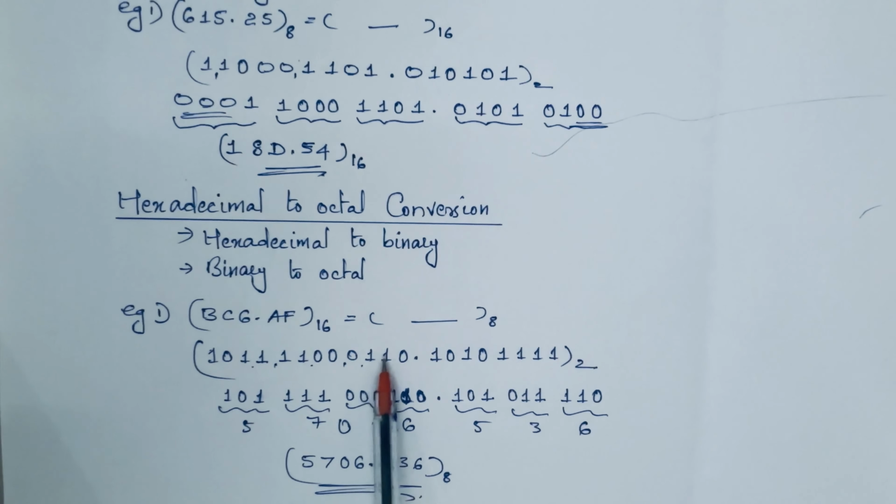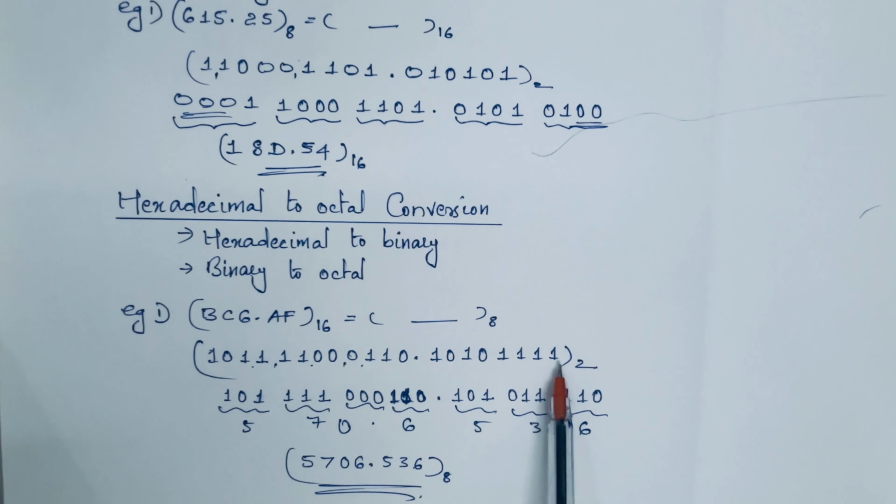Now we are converting this binary to octal by making groups of 3 bits. Before the binary point, the first group will be 101, then we have 111, then 000, then 110. After the binary point, the first group will be 101, then we have 011, then we have 11.